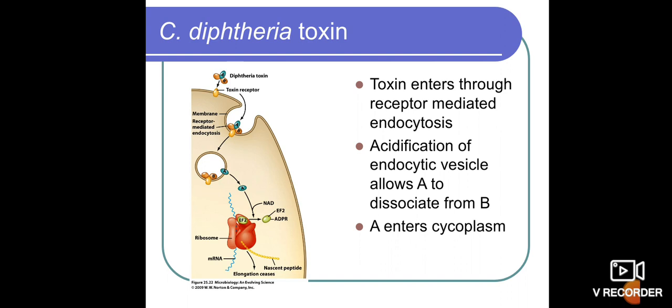How do they perform their work? The toxin enters through receptor-mediated endocytosis. After entry, acidification of the endocytic vesicles allows A to dissociate from B. A and B are both there; B is binding, A is attached to B, and after the enzymatic action, A moves apart from B and enters the cytoplasm.